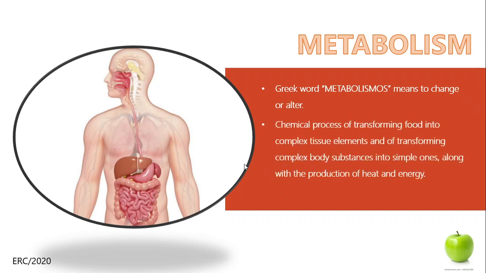Metabolism is the chemical process of transforming food into complex tissue elements and of transforming complex body substances into simpler ones along with the production of heat and energy. It is the totality of the chemical processes in the body by which substances are changed into other substances to sustain life. Thus, it is the dynamic concept of change underlying all life.